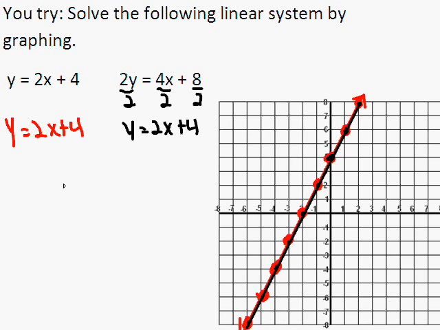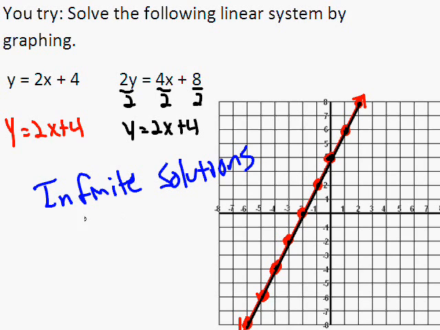So how many solutions is that? The answer is that because they're touching or intersecting each other everywhere, there's going to be infinite solutions. And again, the reason is because when we graph both equations, the lines end up on top of each other. They touch all of the exact same points.